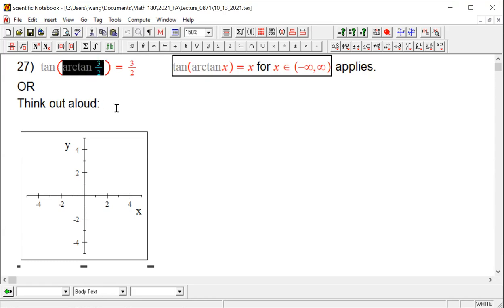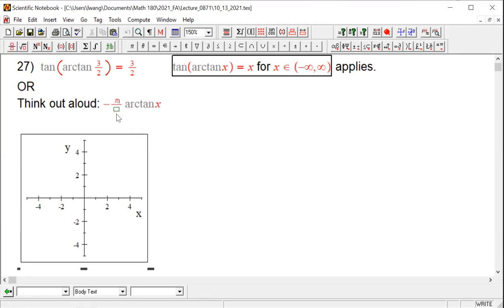When you think out loud, if a calculator is permitted, you can quickly draw the arctan curve. The arctan curve is bounded above and below, between -π/2 and π/2, right? I'm not against technology. You can use it, but you have to know how to read it. You know that arctangent is between -π/2 and +π/2.